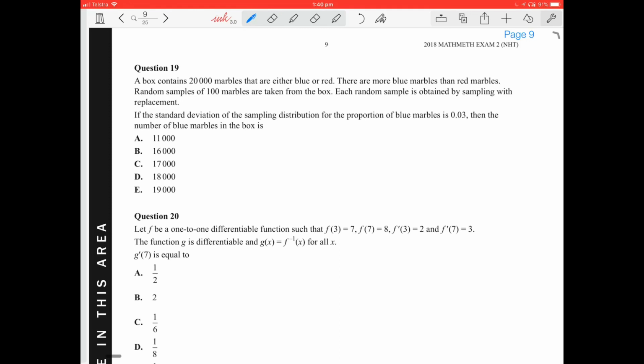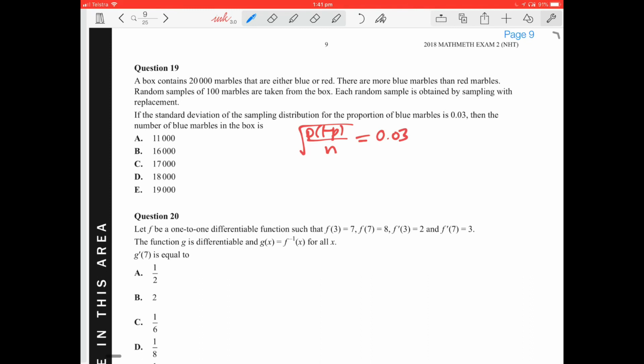Okay, so the square root of P, 1 minus P on N is equal to 0.03. The standard deviation of the sampling distribution for the proportion of blue balls, and the number of blue balls in the box is. Okay, so 100 random sample, proportion of blue marble, sampling distribution. So N is 100.